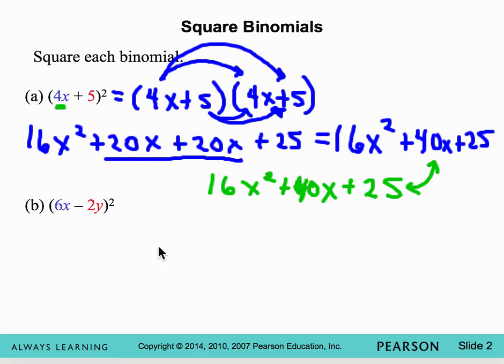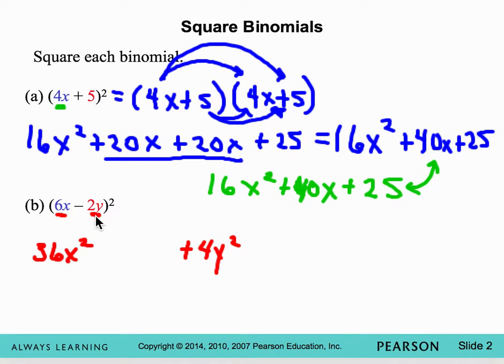Okay, so my shortcut here tells me, hey, this is a binomial being squared, so I can square that first term, 6x times 6x. I can square that last term, 2y times 2y, and it's always a plus, because even if this is negative, a negative times a negative, that's always a plus.